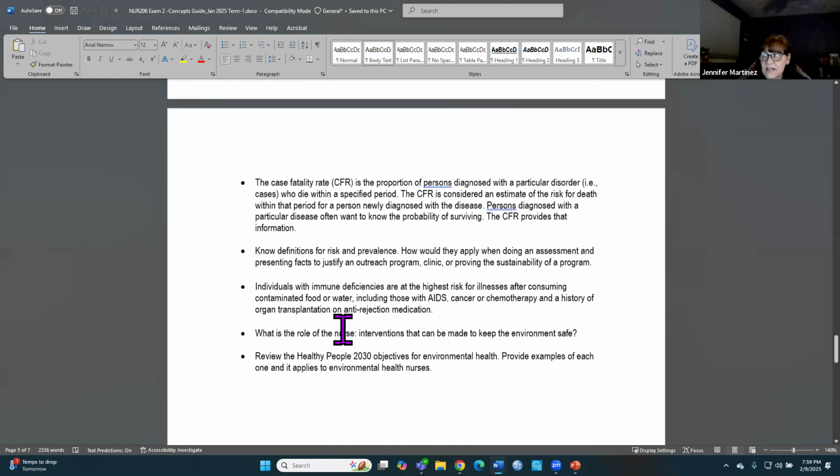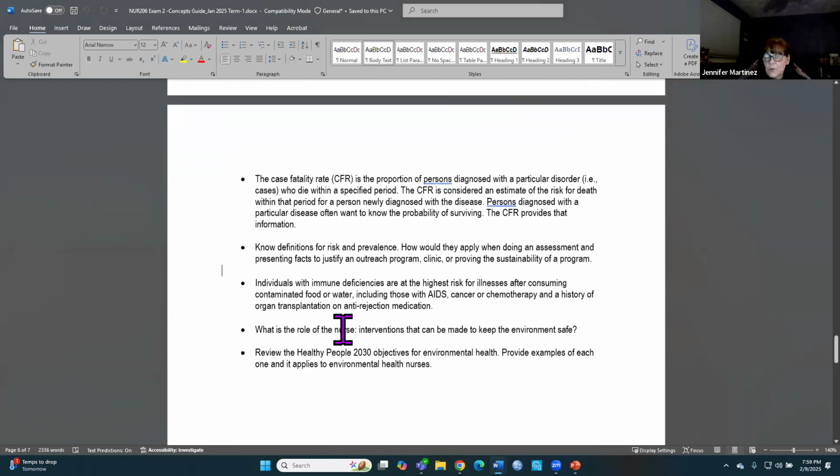So the case fatality rate is the proportion of persons diagnosed with a particular disorder who die within a specific time period. It is an estimate of the risk for death within that period for a person newly diagnosed with the disease. So how would I explain?